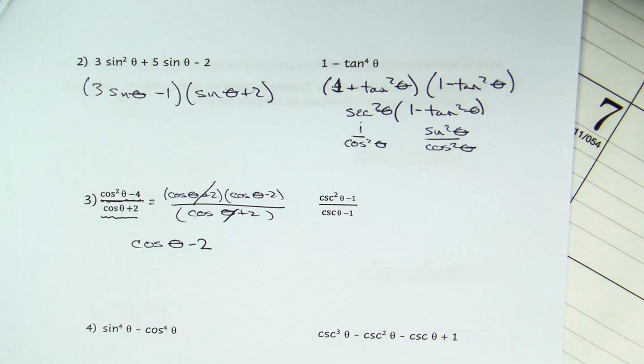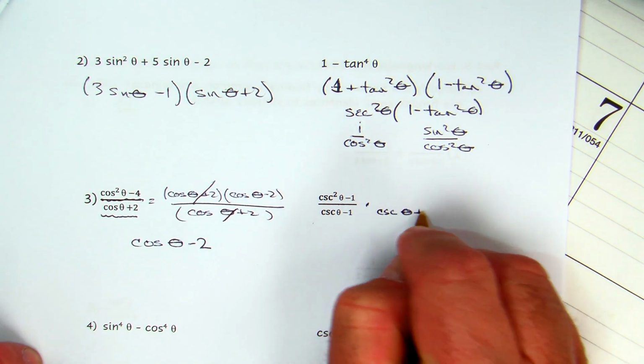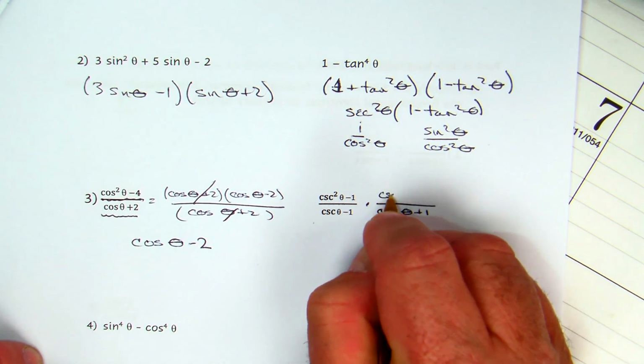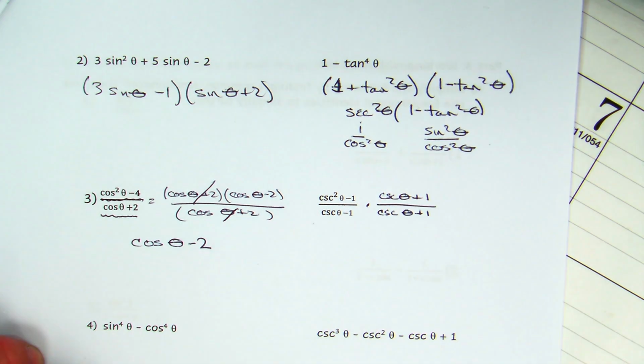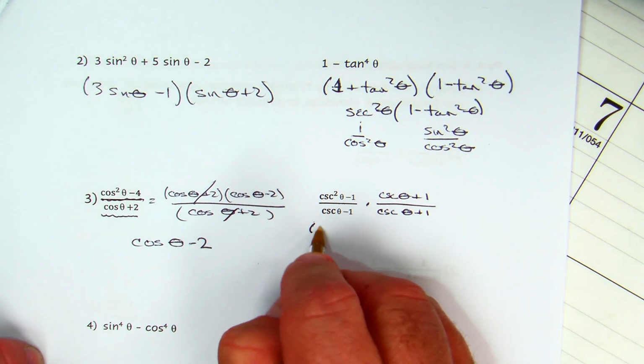However, if you do want to multiply by the conjugate, you can. So that'd be cosecant theta plus 1 over cosecant theta plus 1. I would not multiply that together. I would leave it the way it is.